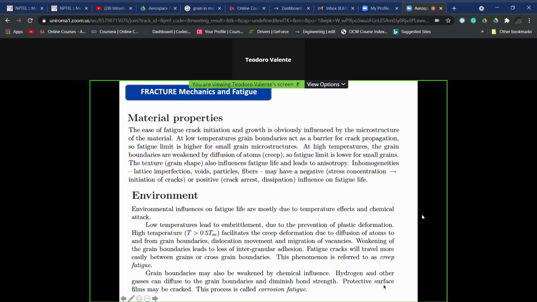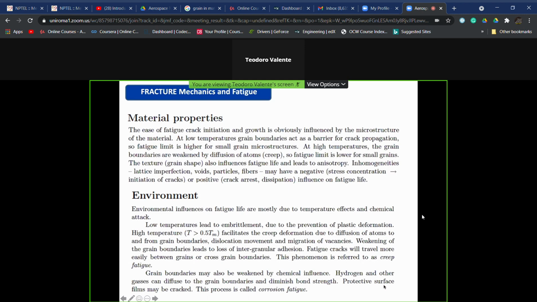Or in other cases, for example, we have coated the component itself in order to protect it from environmental interaction, and if the protective surface film is cracked, this can be a source of cracks which can then propagate. And so we do have synergistic effects, not only between creep and fatigue, but also between corrosion and fatigue.